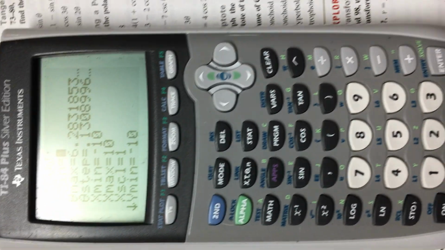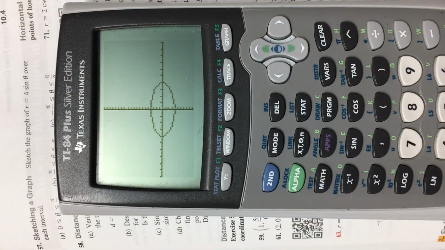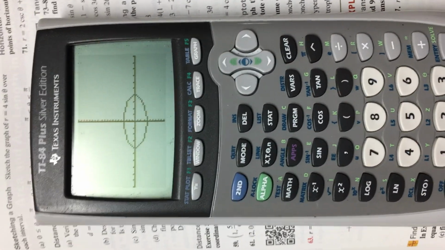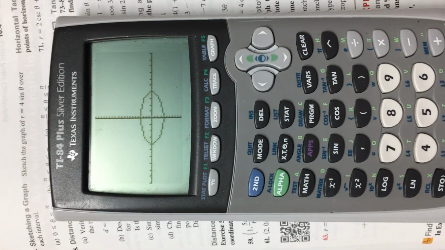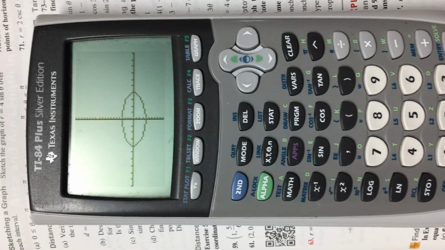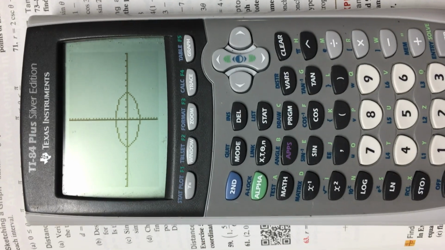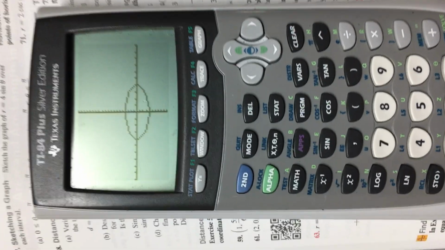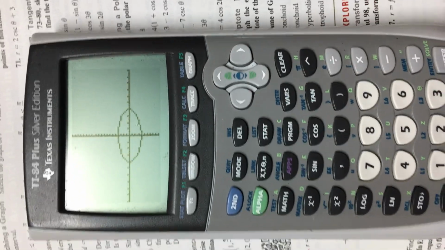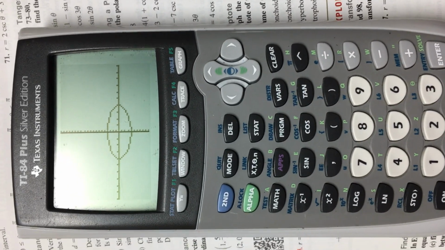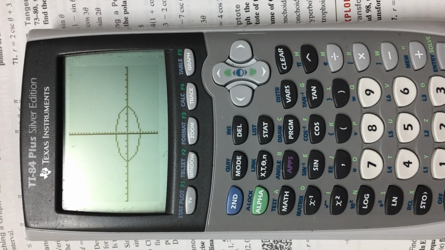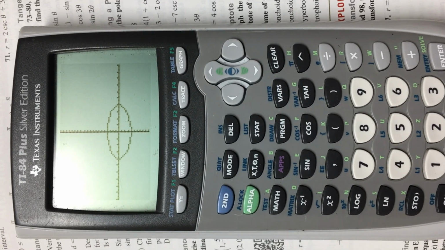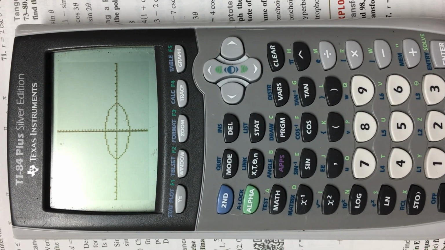And so if I now hit graph, you get an attempt at a circle. It's a little flat because there's not the same number of pixels horizontally as vertically. So you can play around with the window and get it to look more circular if you want to. And that's problem 35. That's pretty much as easy as it gets.